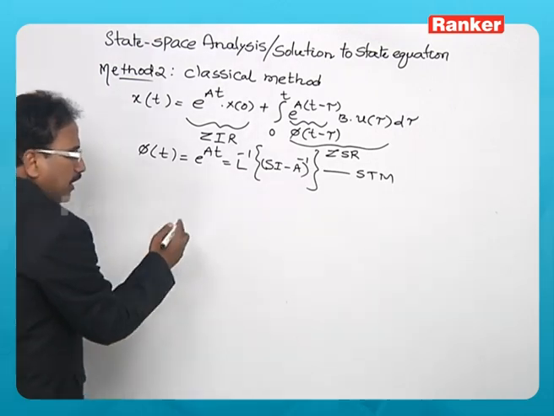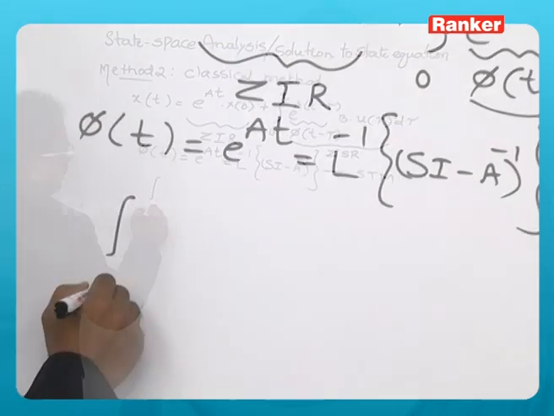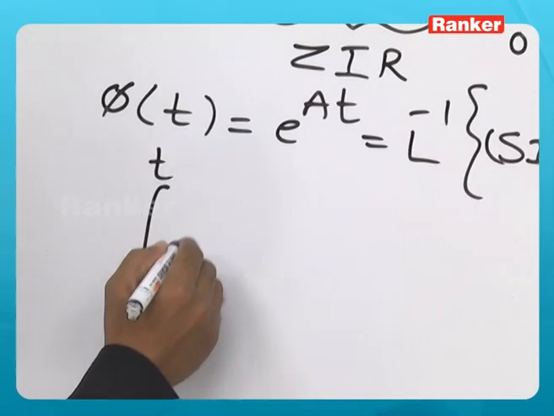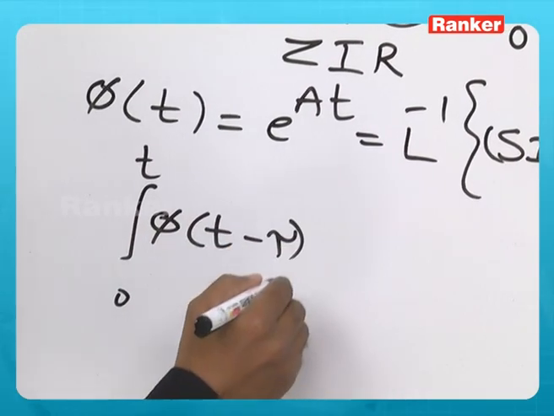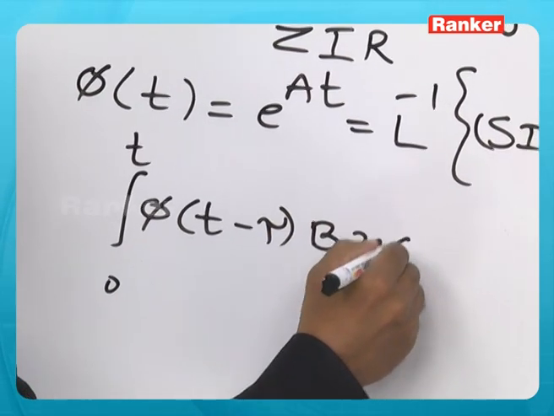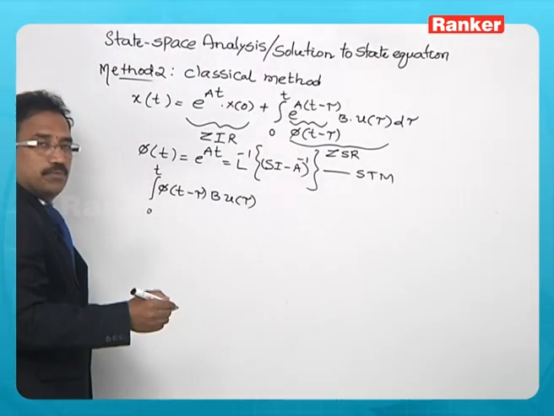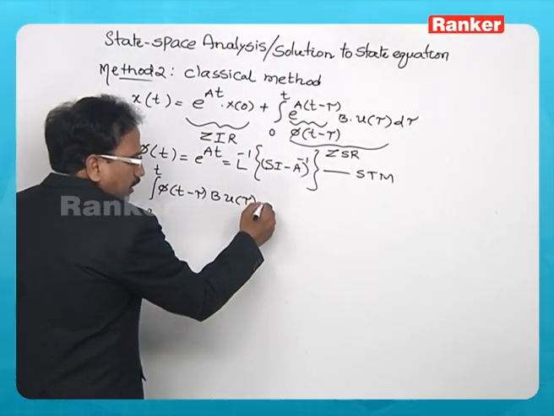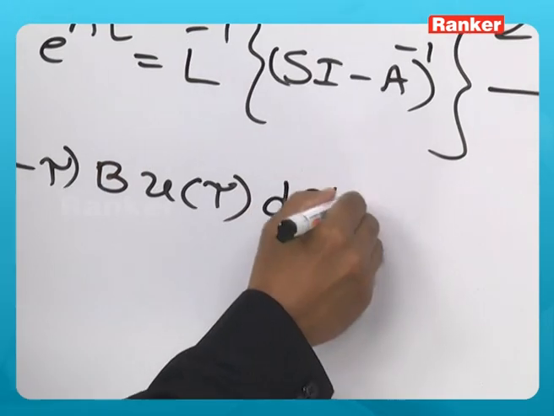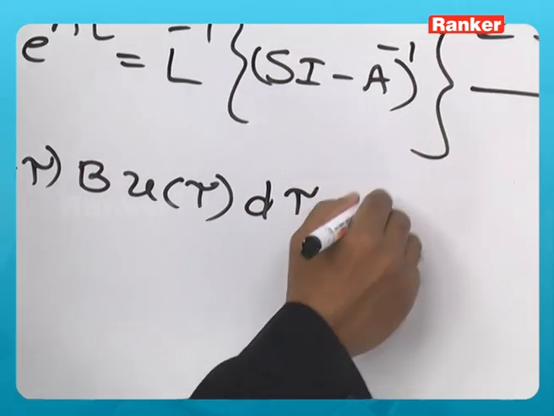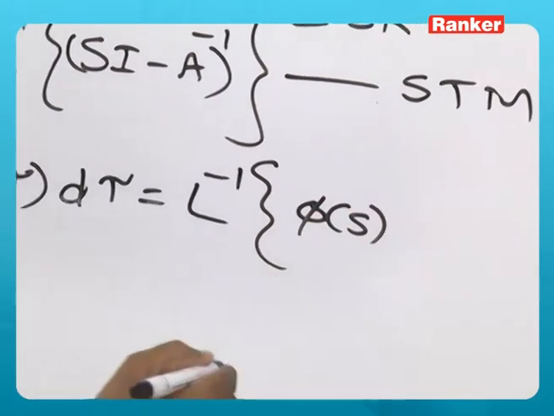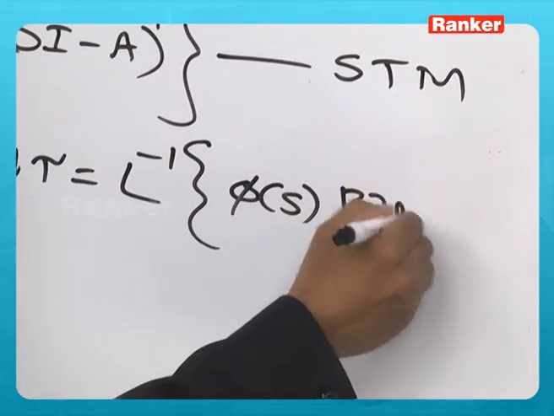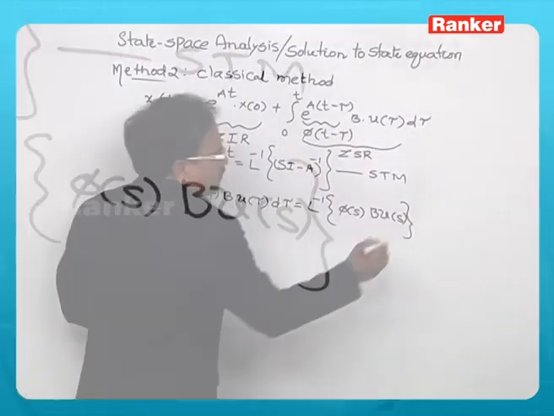Now, when you compare the zero state response, the integral from 0 to t of phi of t minus tau B u of tau d tau, where u is the input vector, this is equal to Laplace inverse of phi of s into B into U of s.